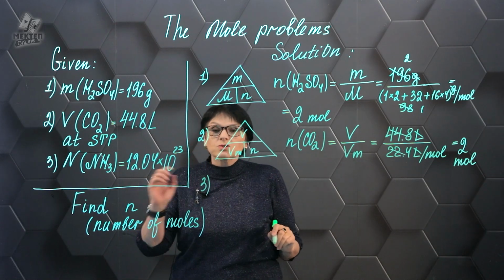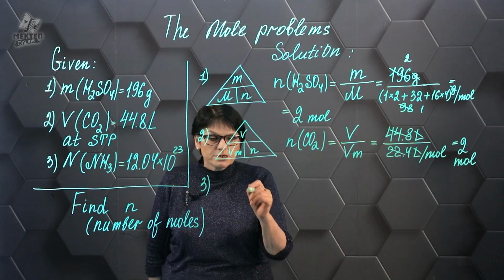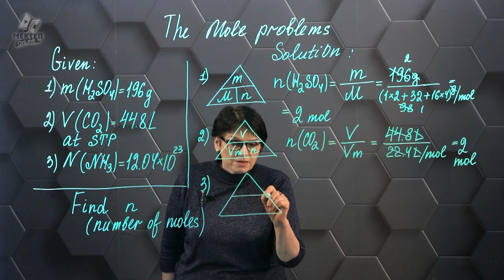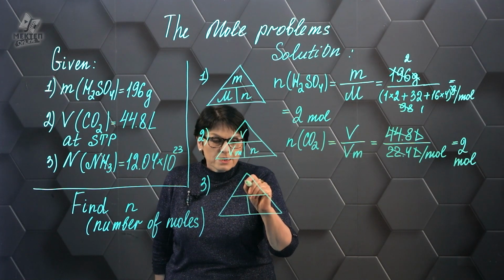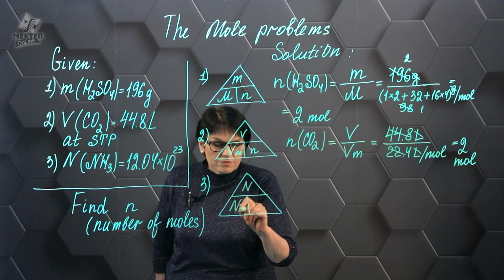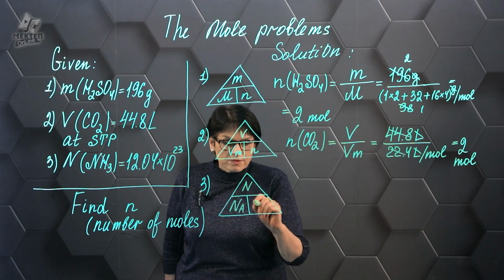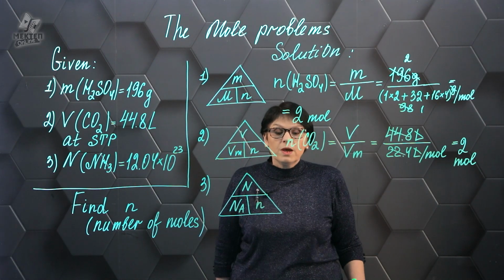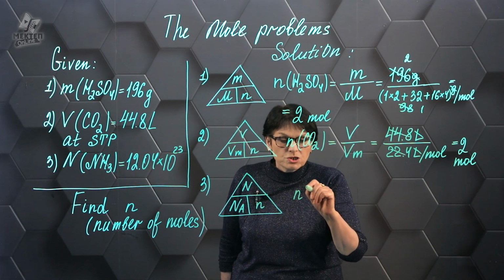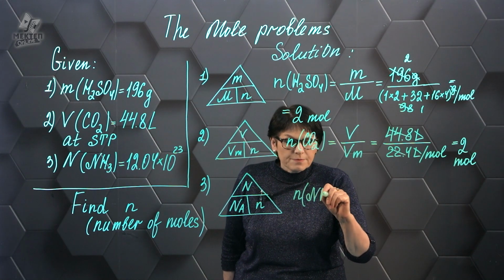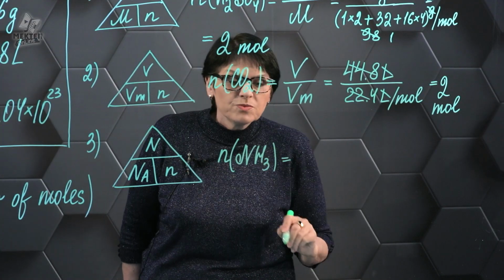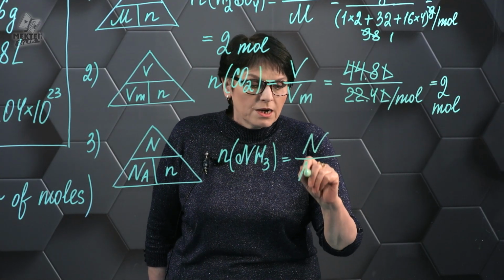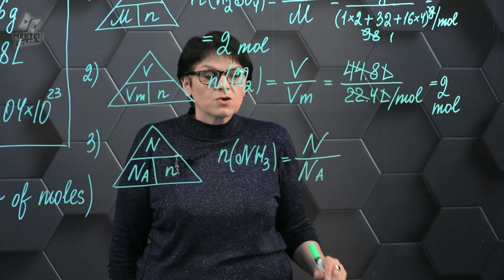Okay, the next step. We need to find how many moles there are in the number of particles. So let's recall another formula that allows us to do this calculation as well. To do this, we divide N by Na. Na is the Avogadro constant, and the little letter n is the number of moles. So we need to find the mole number for ammonia in this case. N is the number of particles divided by the Avogadro number.